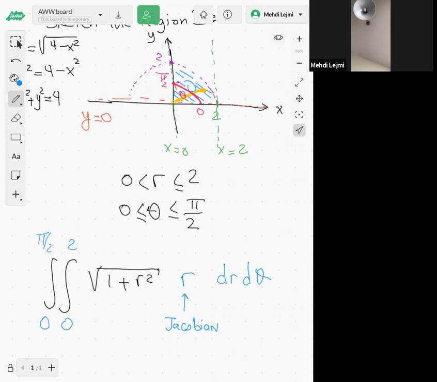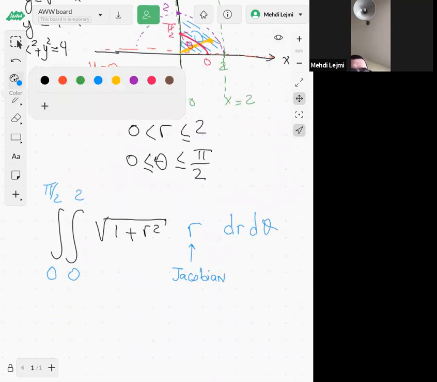I think this is not really hard to integrate because you have the derivative of r squared outside. You can use a substitution here. For example, u is equal to 1 plus r squared.